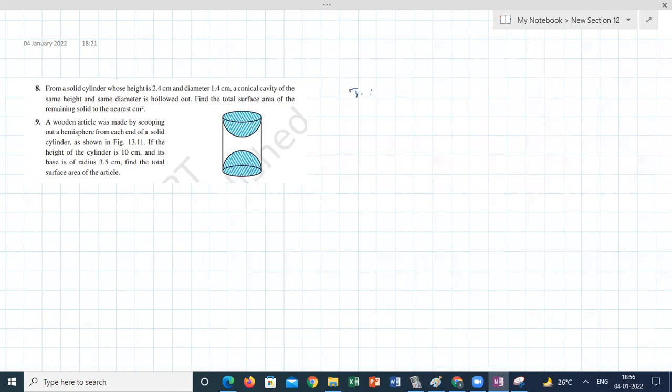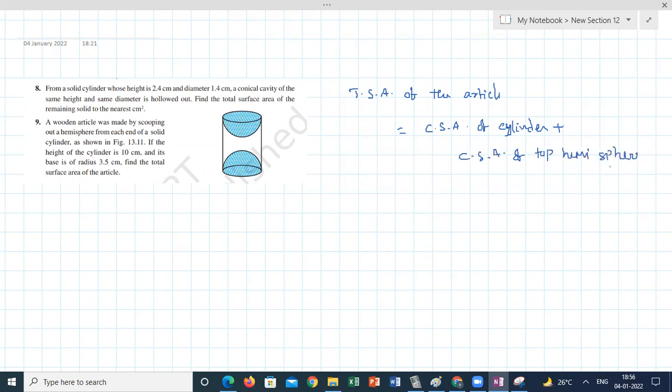So the total surface area of the article is CSA of cylinder plus CSA of top hemisphere plus CSA of bottom hemisphere.